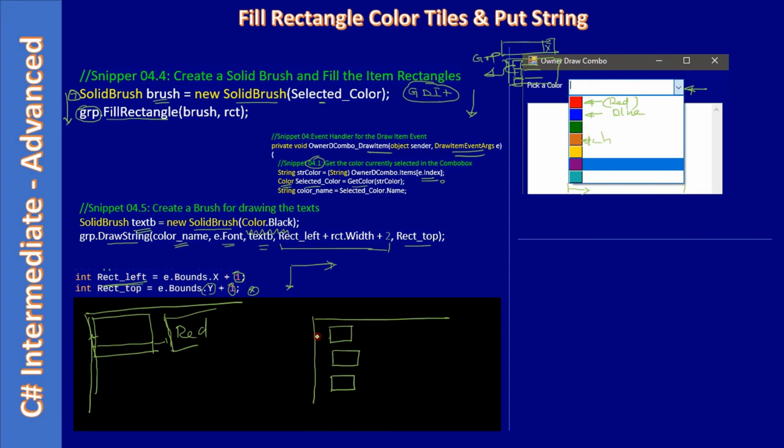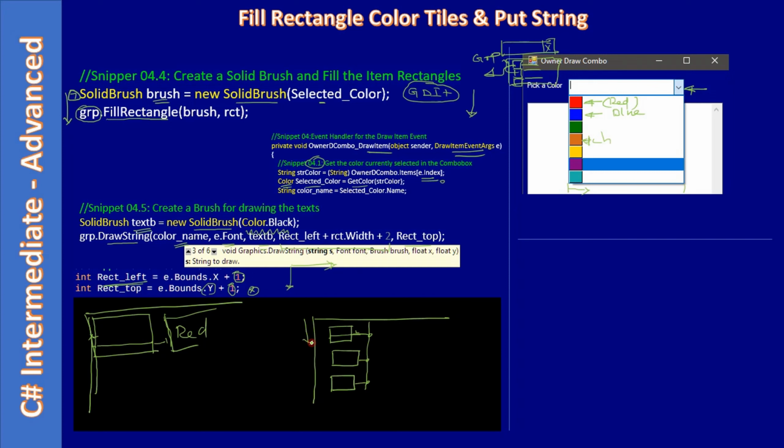Rect left plus width plus 2 will be fixed for everything. So you will get the same x offset even though we run it 7 times. But for top we depend on e.bounds.y. That means it will vary whenever this routine is called for a specific item.